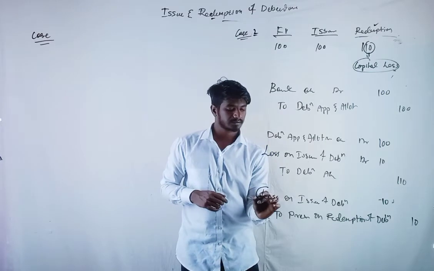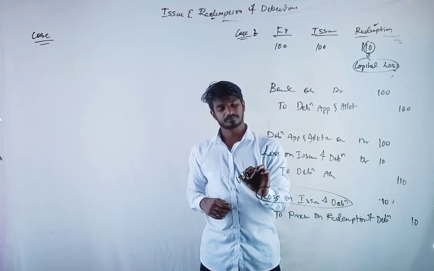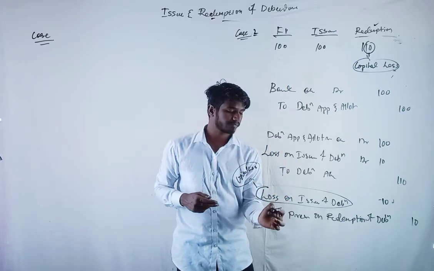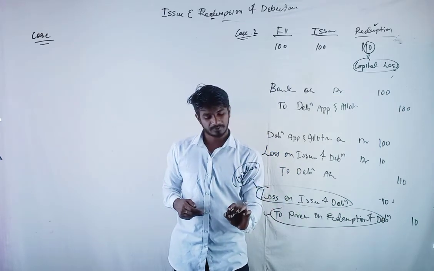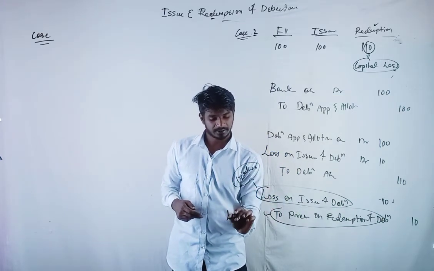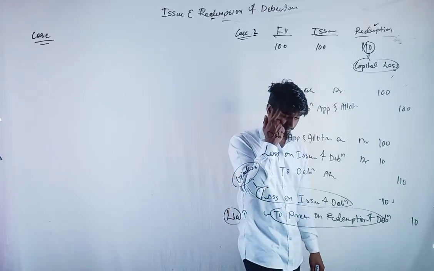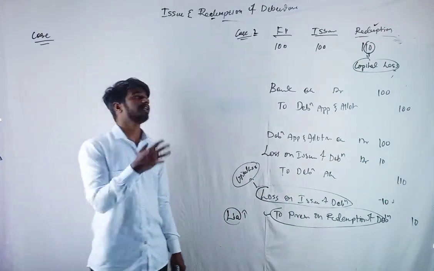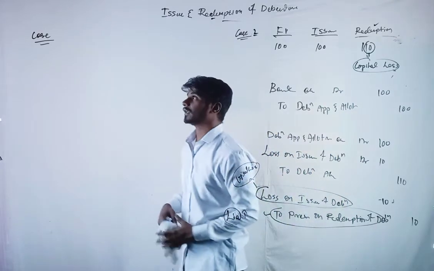Why is it debit? Because it is our capital loss. And why will we make it credit? Because it is creating a liability. It is increasing liability, right? The extra 10 rupees whatever we have to pay will create a liability. That is why we will credit it.